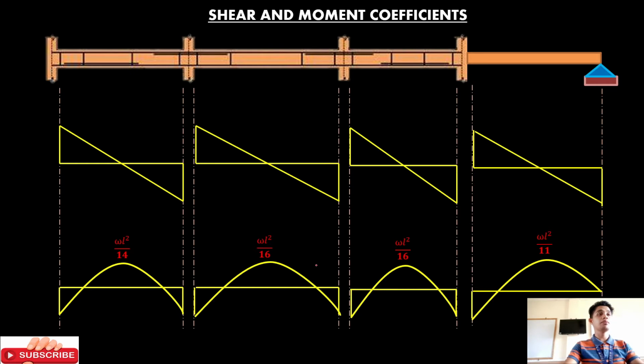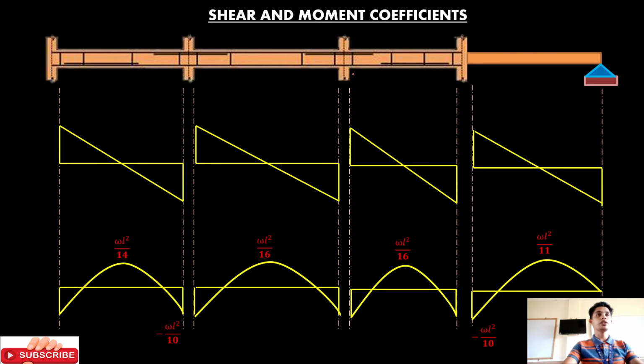Pwede naman tayo sa negative moment. Dito muna tayo sa exterior face at the first interior support. Ang formula natin, diba, is WL squared over 9 kapag 2 spans. Since meron tayong 4 spans, so WL squared over 10 dito at saka dito. Okay? Then yung mga ito, tsaka ito is negative moment at other faces of the interior support.